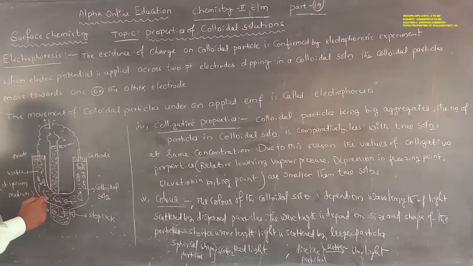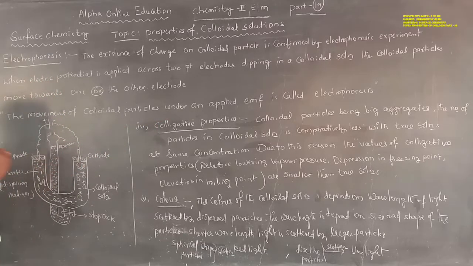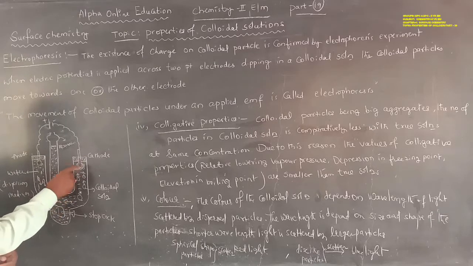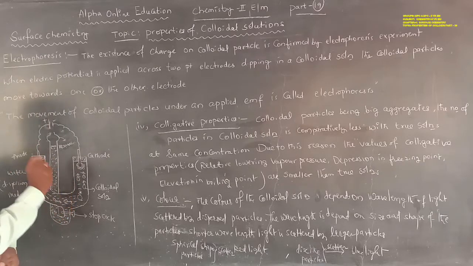If a negative charge colloid is taken and subjected to the electrophoresis experiment, the negatively charged particles move towards the anode. Based on this, it is confirmed that colloidal particles are charged particles.